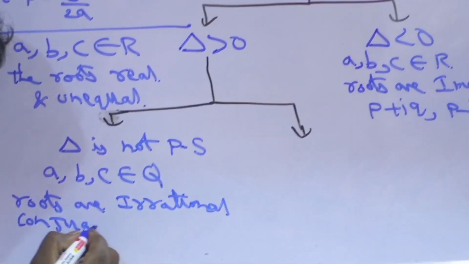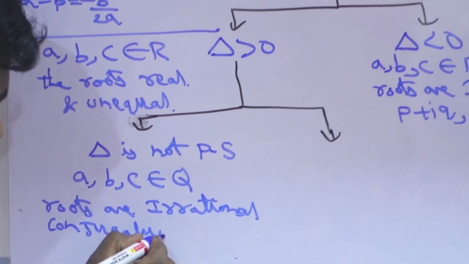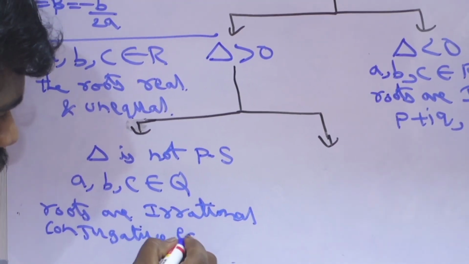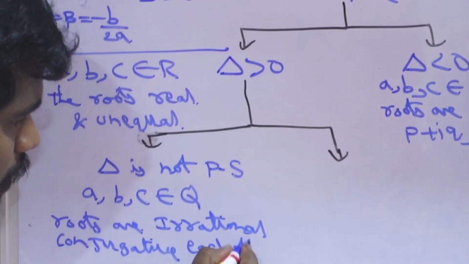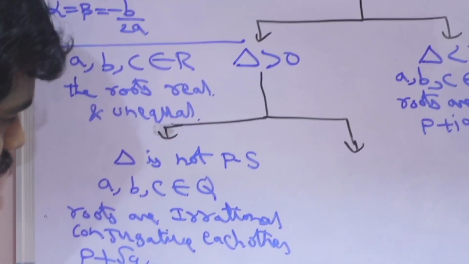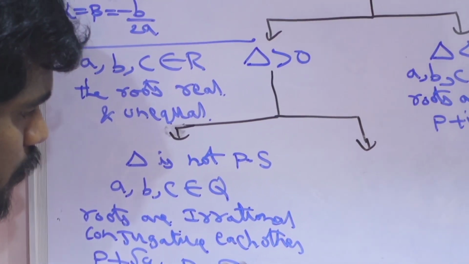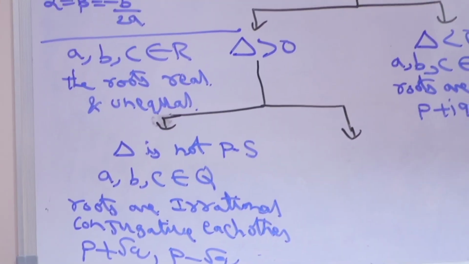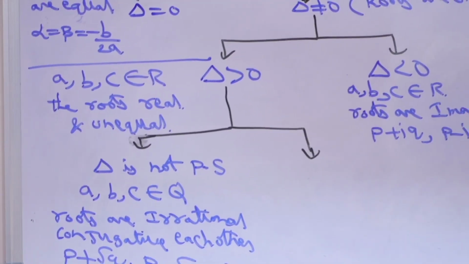Conjugate to each other means, suppose one root is p plus root q, then the other root is p minus root q. So these are the two roots, p plus root q and p minus root q.